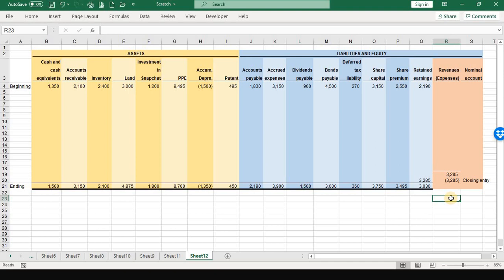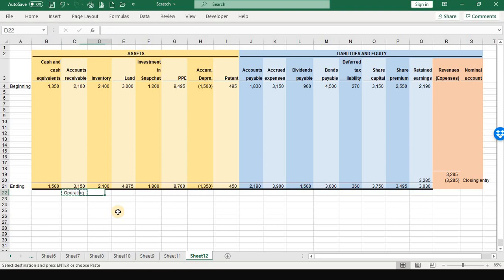So first, let us determine the classification of each asset, liability, and equity account in the statement of cash flow. Let's start with the accounts receivable. The accounts receivable is presented under the operating activity in the statement of cash flows because this is a current asset.